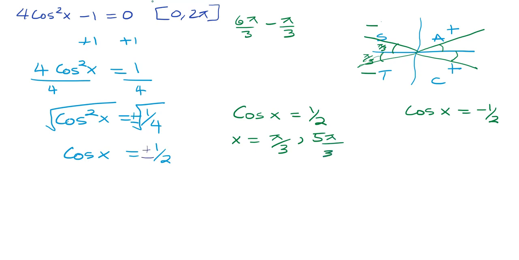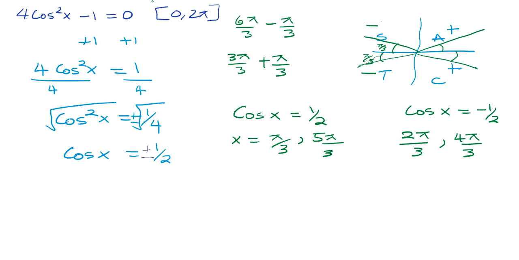And then cosine x equal to negative 1/2. So it's going to be 3 pi over 3, which is in this quadrant here, minus pi over 3. So this is going to be 2 pi over 3. And then here we're going to have pi over 3 plus pi right here. So this is going to be 4 pi over 3.